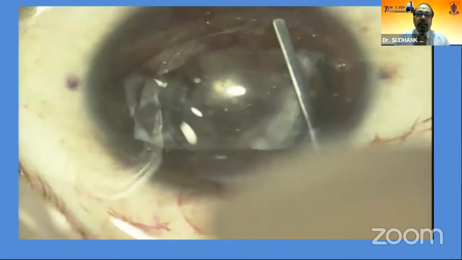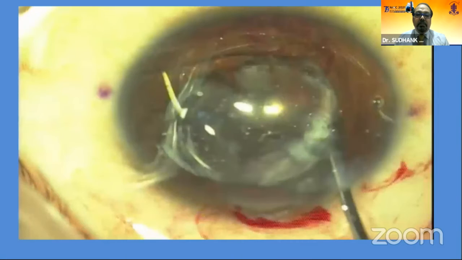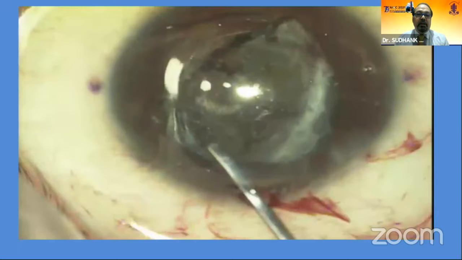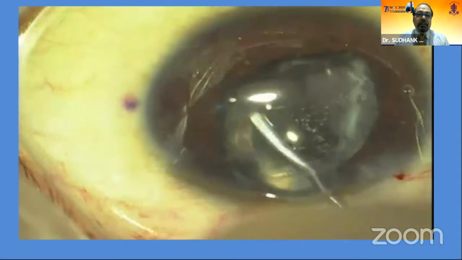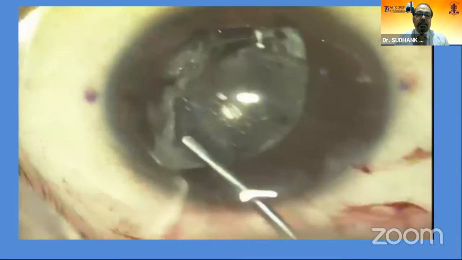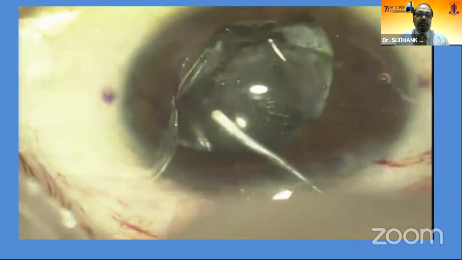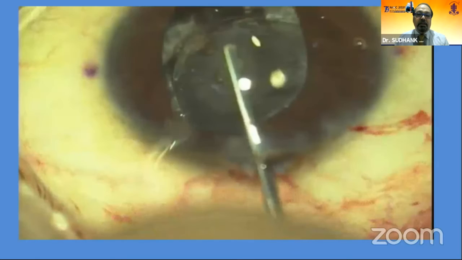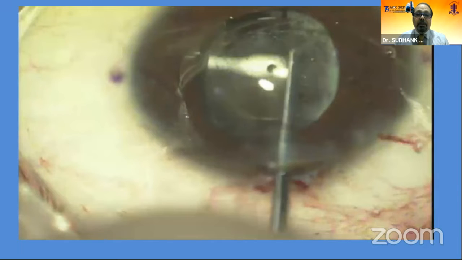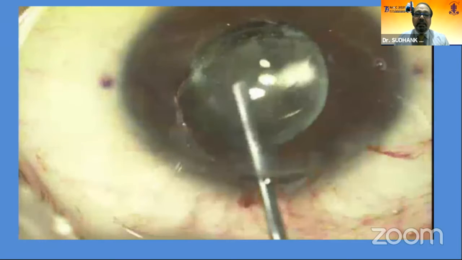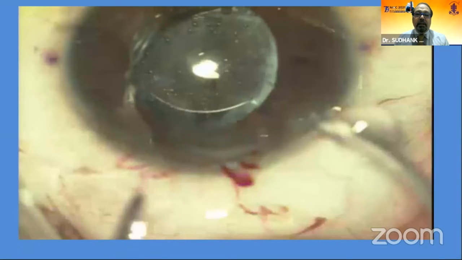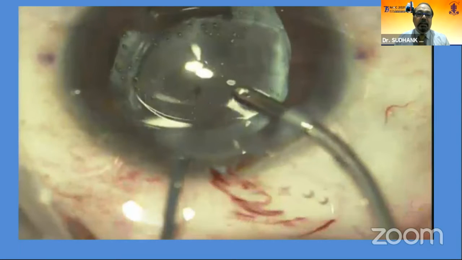And if you can do a good cataract surgery, you can do a very good Sulcoflex implantation in front of the IOL. Even this procedure is as simple as that, because if you have seen those surgeries shown by the stalwarts before me, they are absolutely easy surgeries, not very difficult.